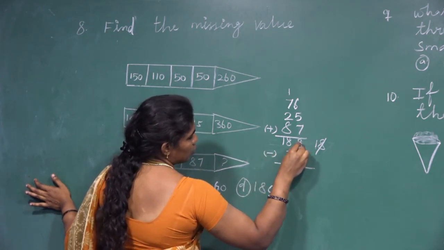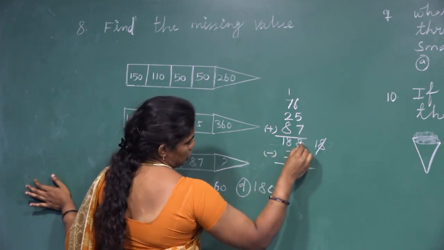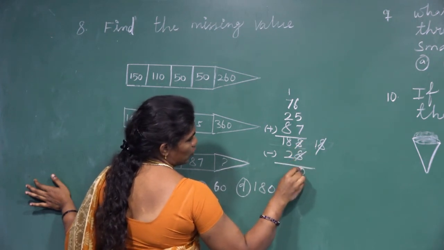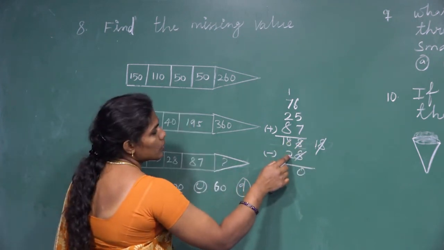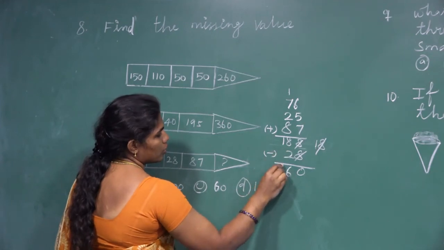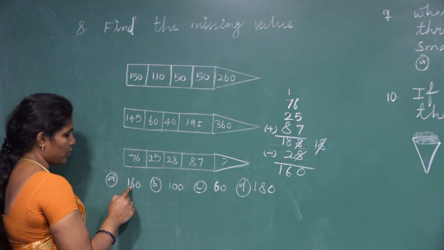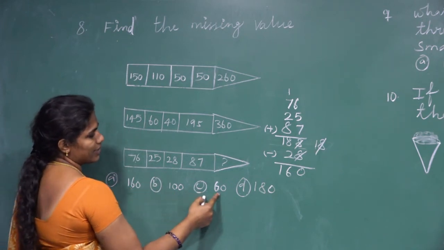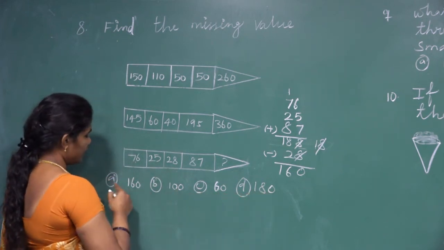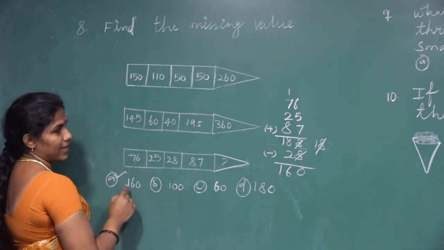Same number, here also 8. So you can write 0. 8 minus 2 is 6. Here 1. So the answer is 160. So which option is correct? A option is correct.